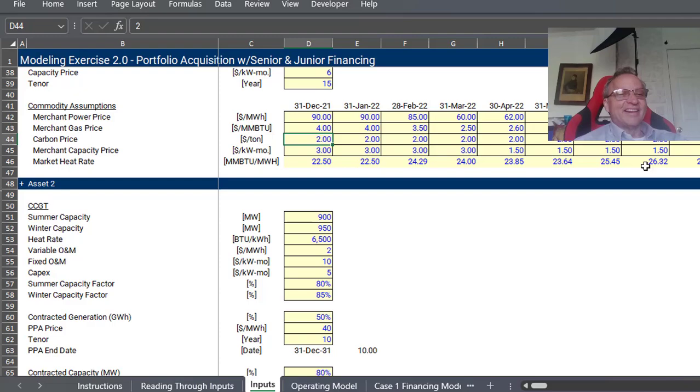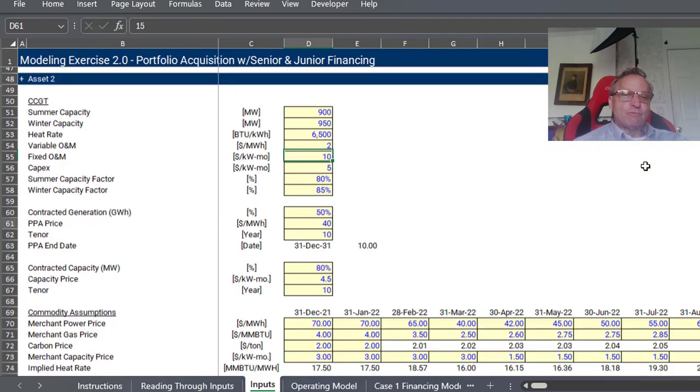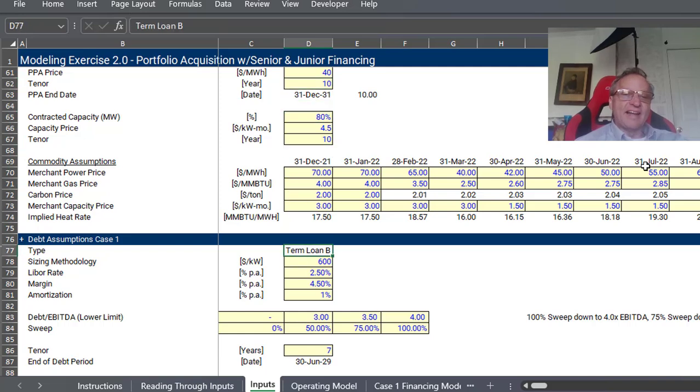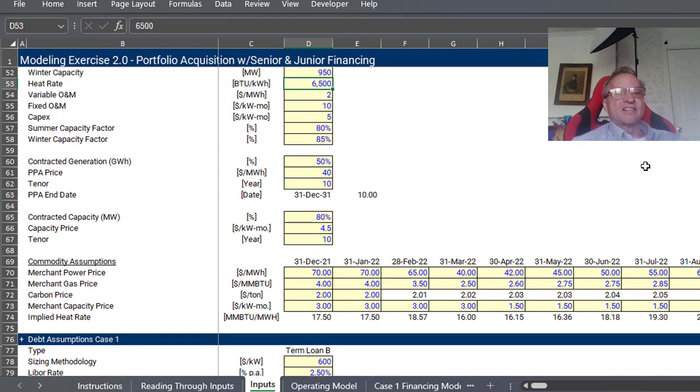Okay? And then here is the biggest problem of it all. If we go to the second asset and we take an implied heat rate, it shows whether you know something about electricity markets. Now the heat rate of this power plant expressed in BTUs is 6,500.